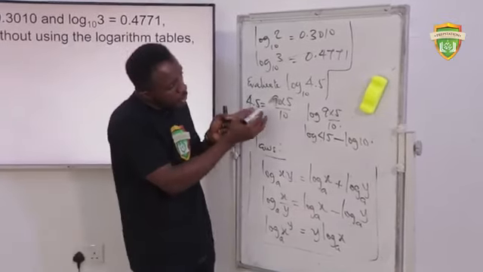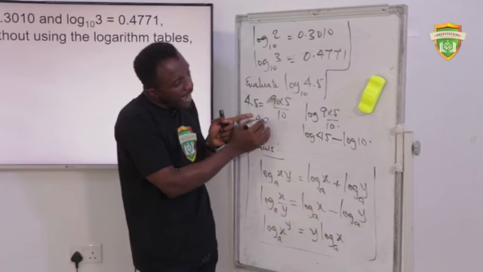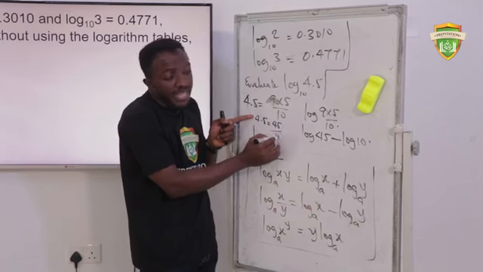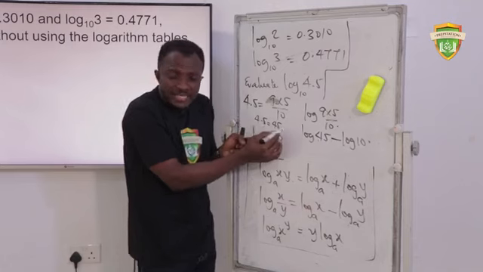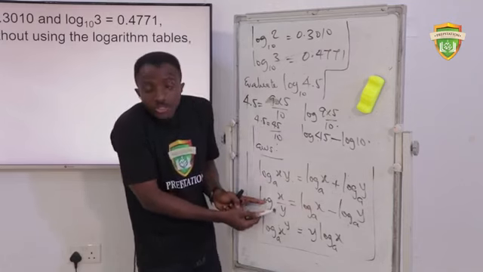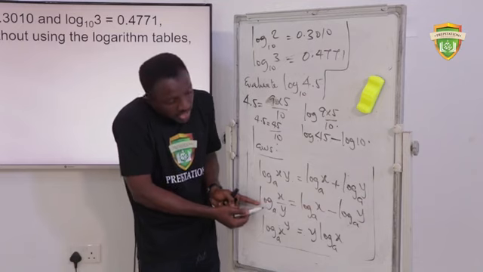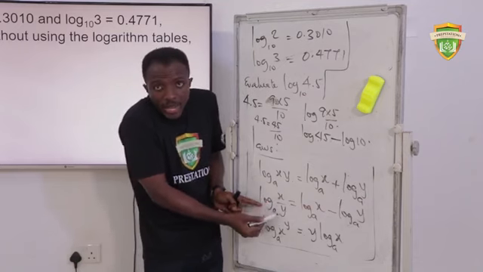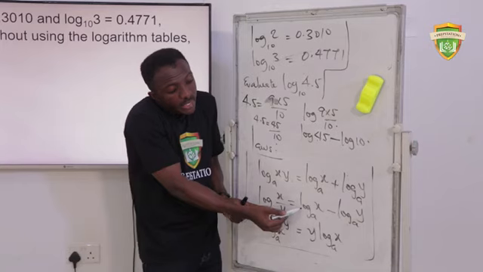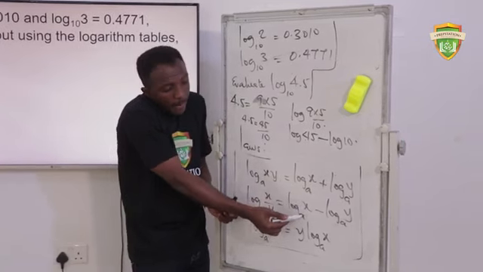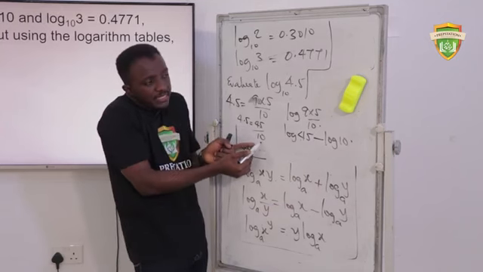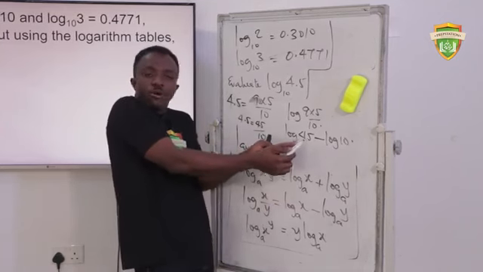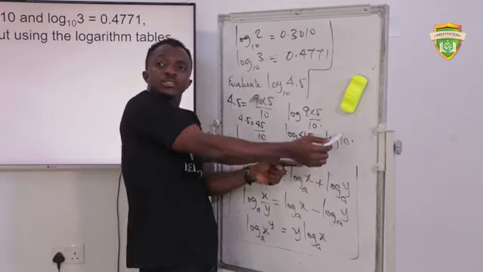Remember earlier I told you that 4.5 is the same thing as 45 over 10. If 45 over 10 is what 4.5 is, we can make reference to the second law. The second law says log x over y to base a is log x to base a minus log y to base a. So log 45 over 10 is the same as log 45 minus log 10.